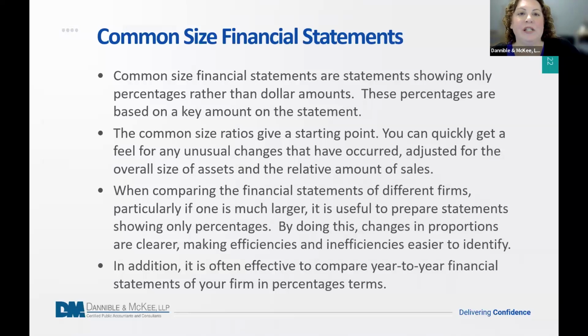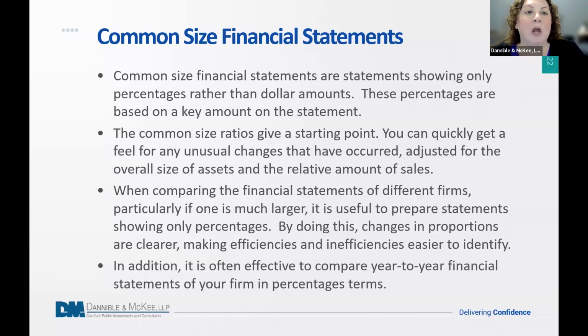Common size financial statements. So you may have heard this term before. Common size financial statements are just statements showing only percentages rather than dollar amounts. Okay, so you can really see this is very helpful when you're looking at your expenses. So I like to look at expenses as a percentage of your net revenue or your gross revenue and really looking at that amount and seeing, okay, where's my concentration of expenses?